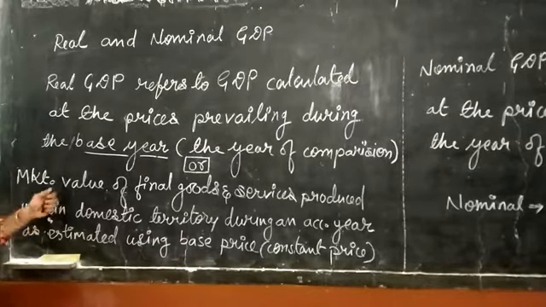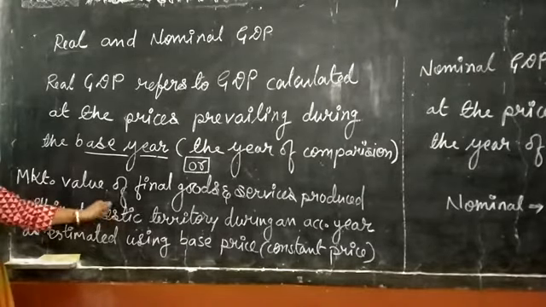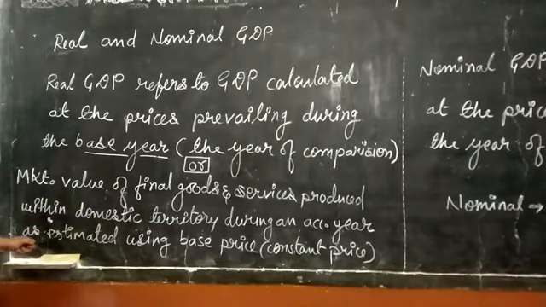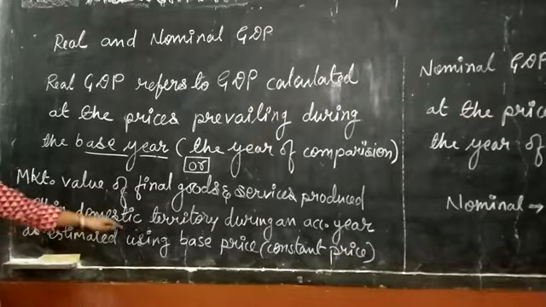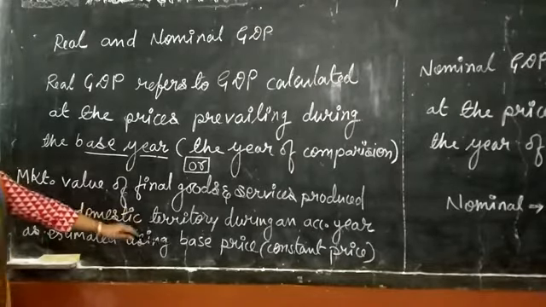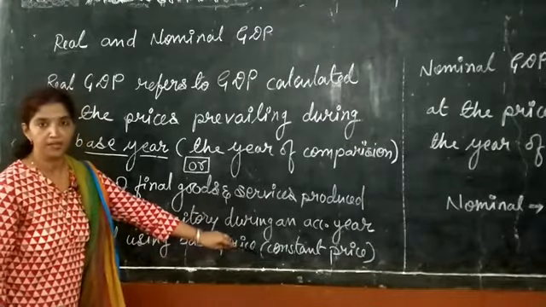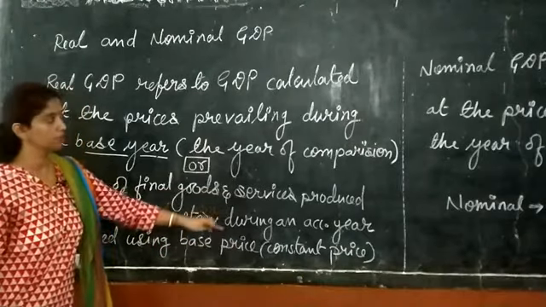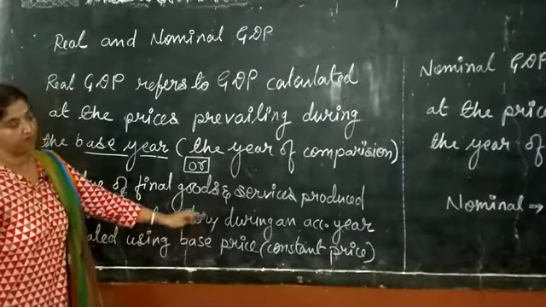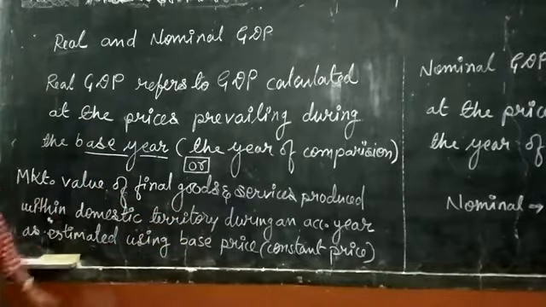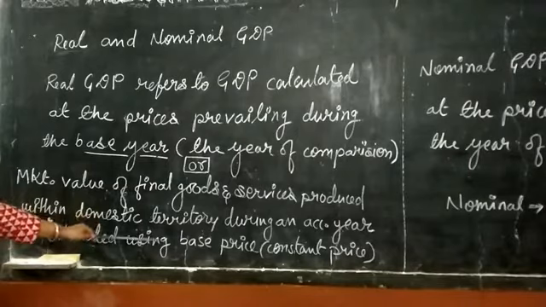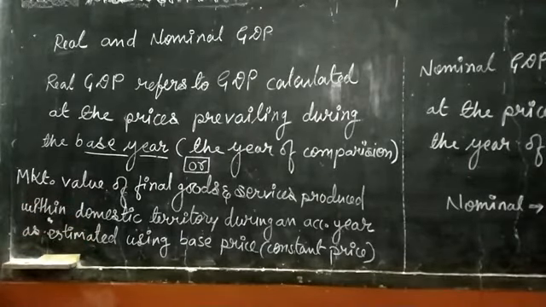It is the market value of final goods and services produced within the domestic territory of a country during an accounting year, but it should be estimated using base year price. That is called base price, and base price is a constant price which remains constant throughout the calculation. We have to take the constant price, which is the price prevailing in the base year.